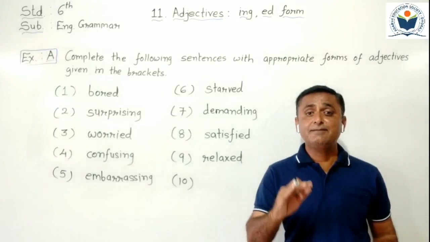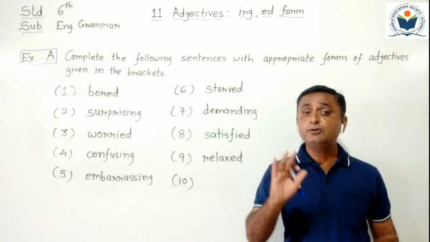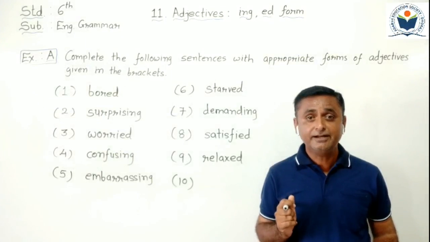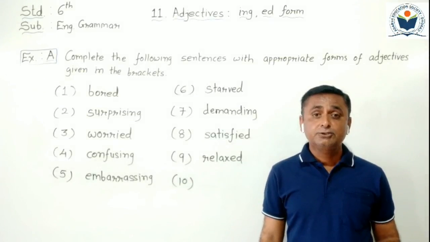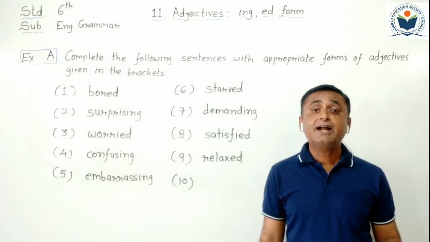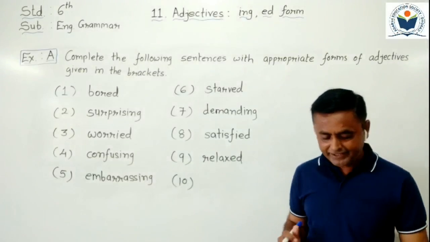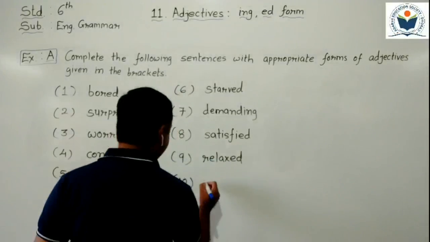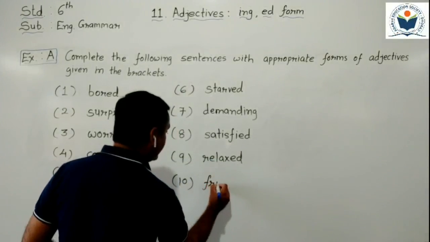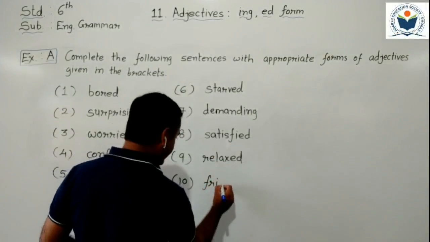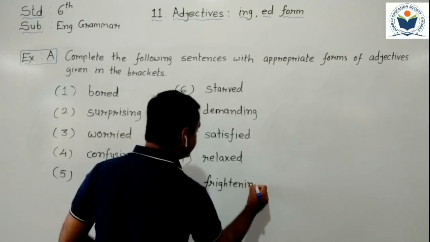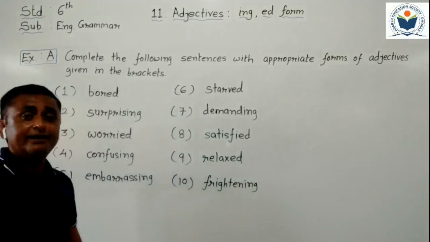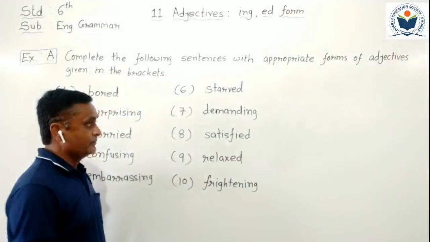Whenever we describe anything, we put the ing form. So here, with the word frightened, we write frightening. Frightening, F-R-I-G-H-T-E-N-I-N-G, we write in the blank.